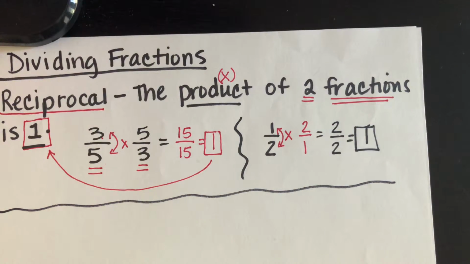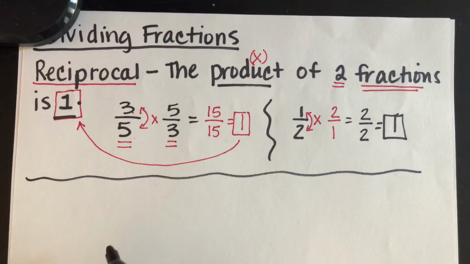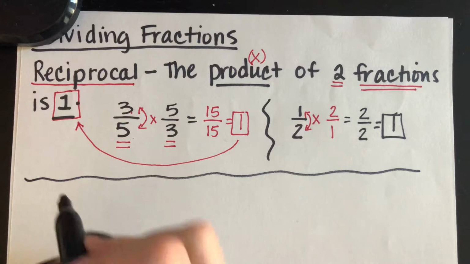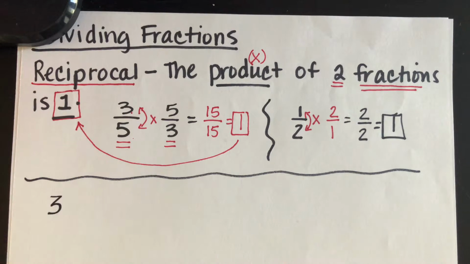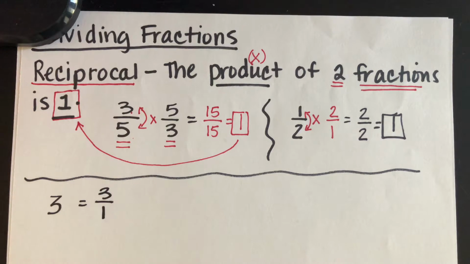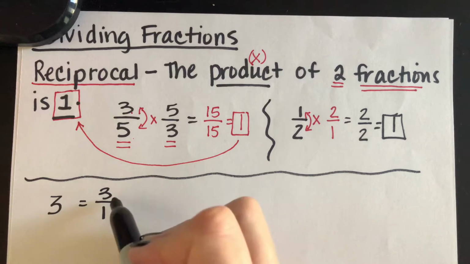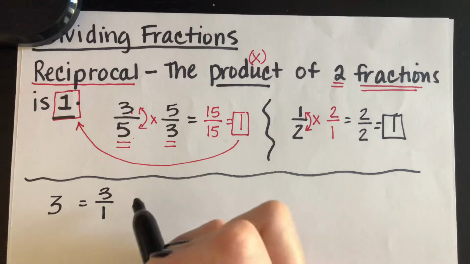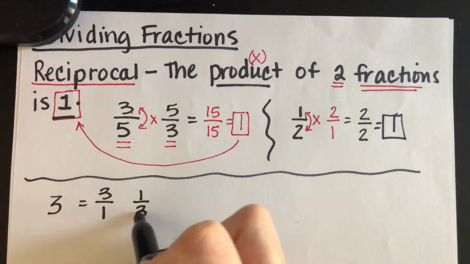Let's look at the reciprocal of a whole number, okay? Because it said the reciprocal has to be two fractions. So if I have the whole number 3, well, first of all, I have to make 3 a fraction, so I'm going to put a 1 under it. Now I need to find the reciprocal. I have to flip 3/1, and I get 1/3.